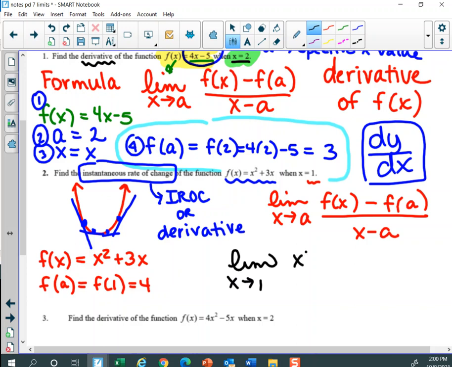If you're ready to look at the setup, see if yours is correct, you can look at what I've just written in black for my limit. Now, this is where you have to be honest with me and yourself.